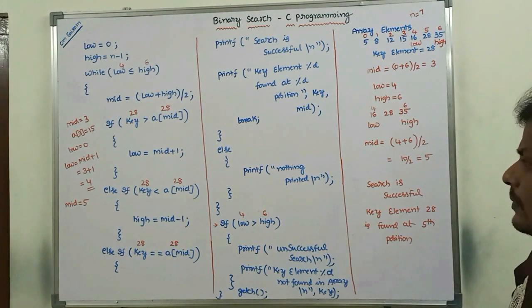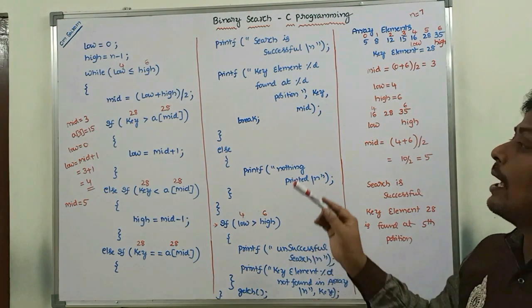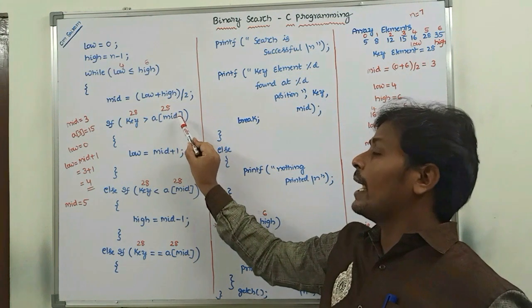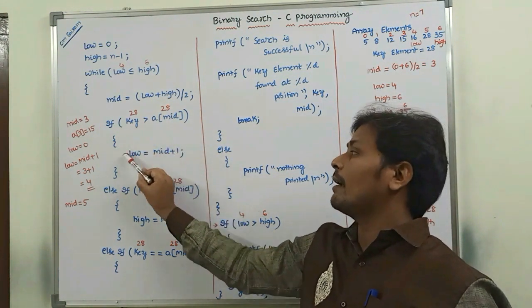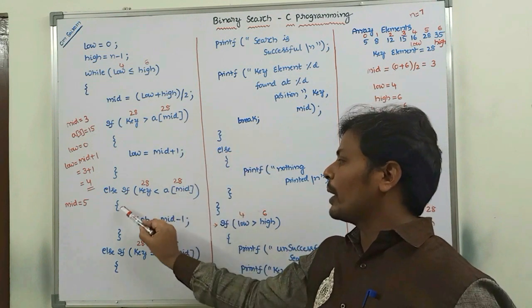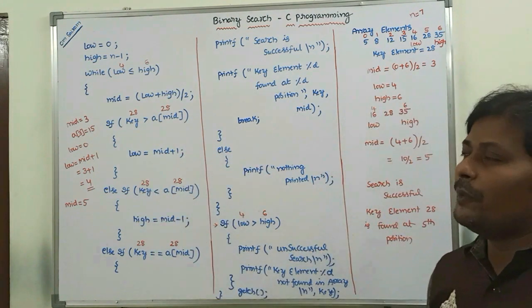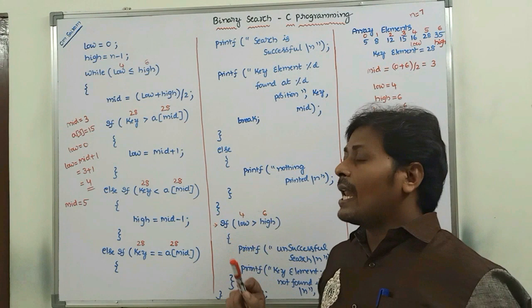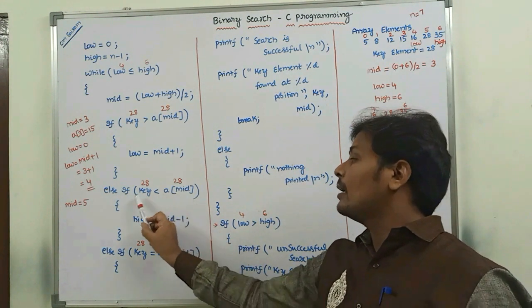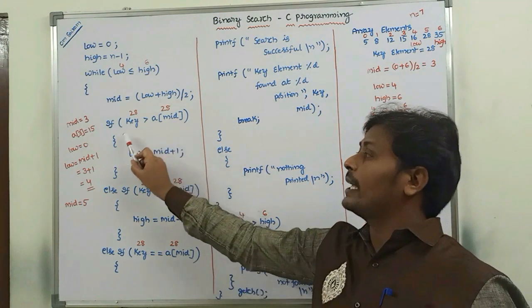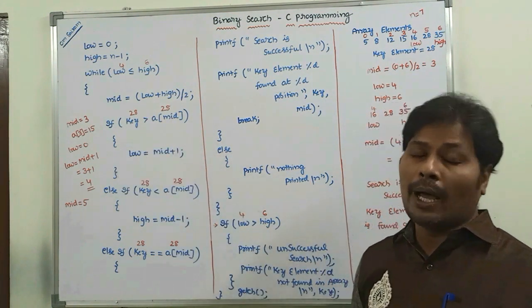If the key value is greater than a of mid, this is the right sub array. We consider the right sub array by ignoring the left sub array. Suppose key value is less than the a of mid value, we consider the left sub array by ignoring the right sub array.